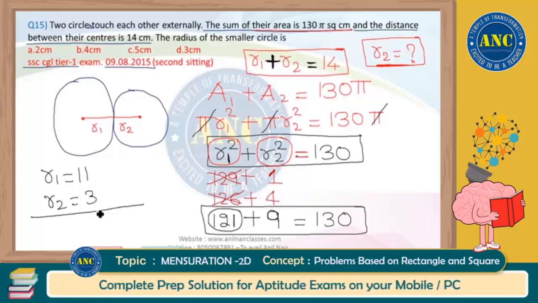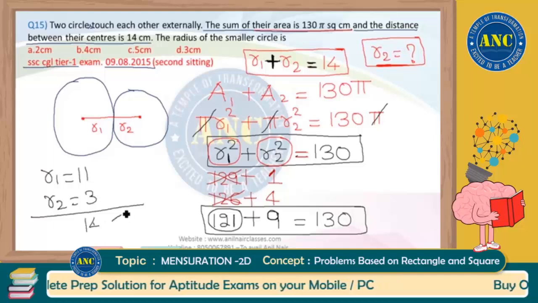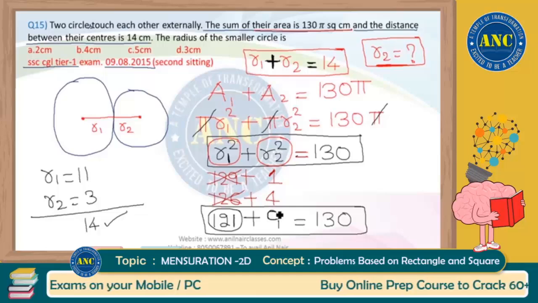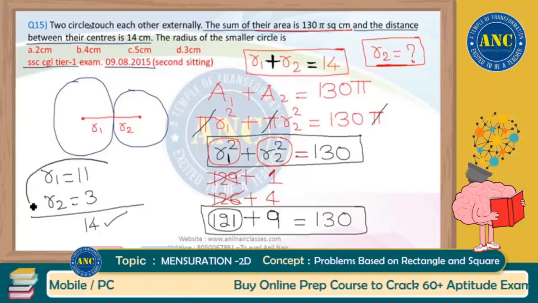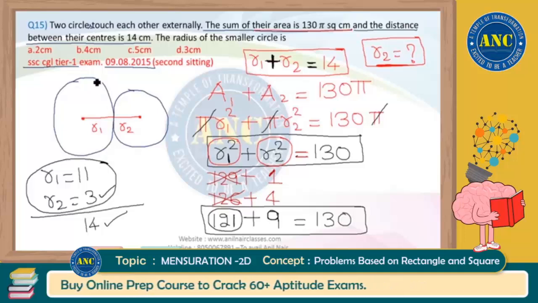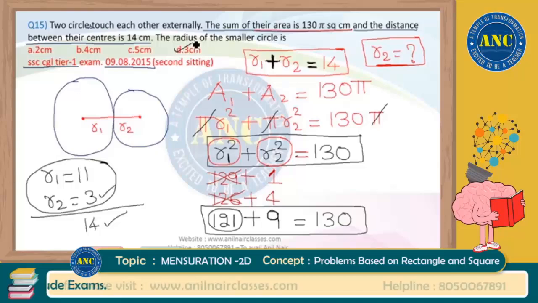Is 11 plus 3 equal to 14? Yes. I got the correct answer. That means the correct combination is r1 is 11, r2 is 3. But question is asking only for r2. Answer is 3 centimeter.